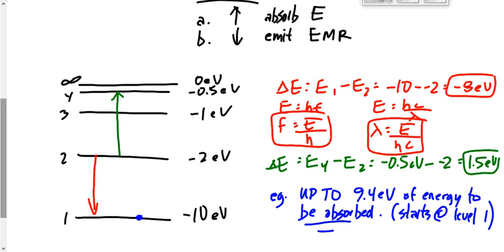Well, if we start at negative 10, absorb 9.4, that's going to take me to what? Negative 0.6? So what is that, like the 3.8 level? I can't go to the 3.8 level, right? So what is it, 3 or 4?